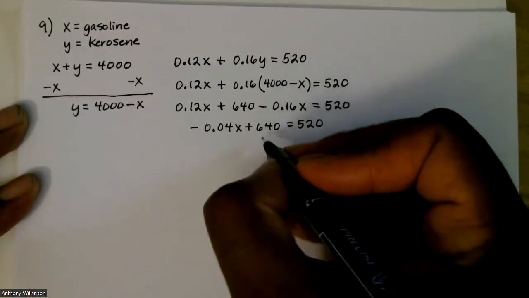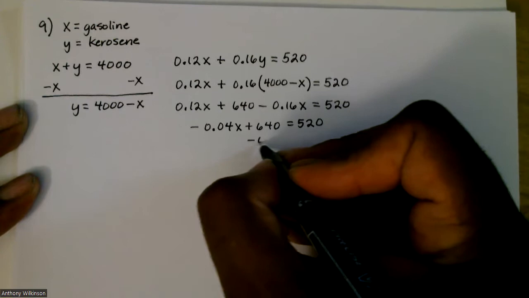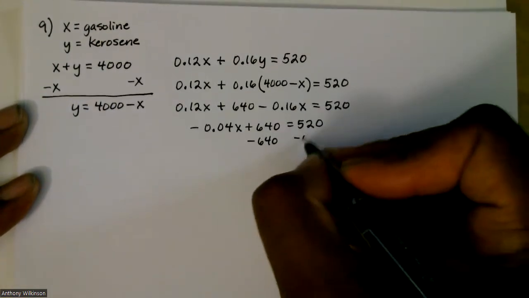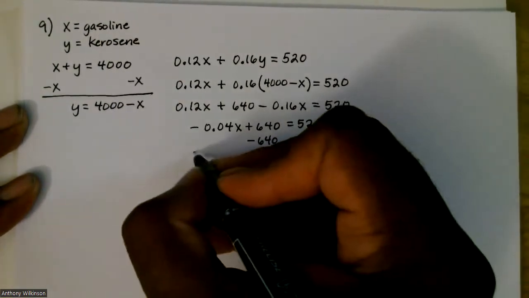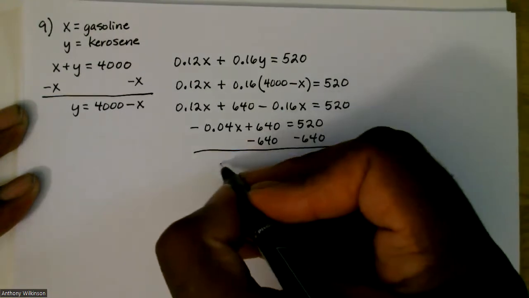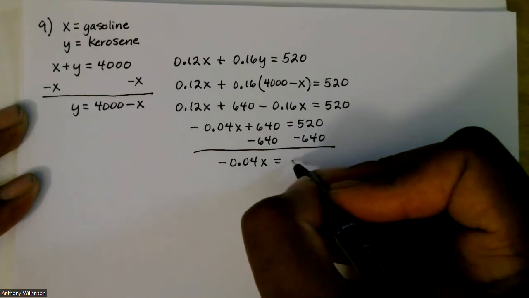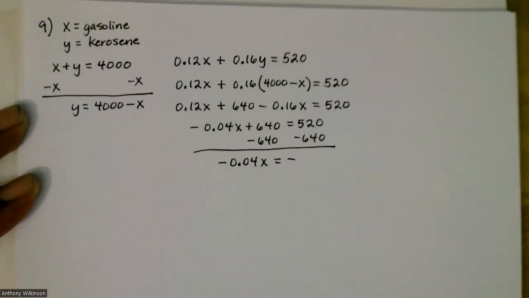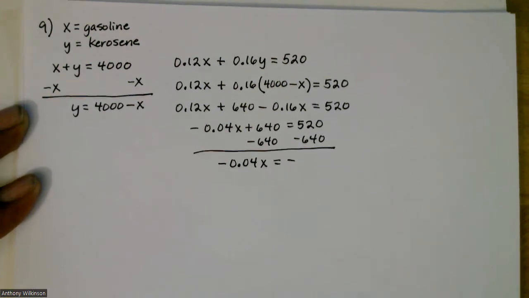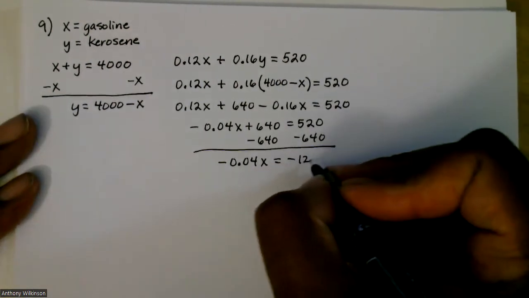And then to get the negative 0.04X by itself, we'll subtract 640 on both sides. So that means I'm going to have a negative 0.04X is equal to, let's see, 520 minus 640. I know it's going to be negative. It'll be negative 120.